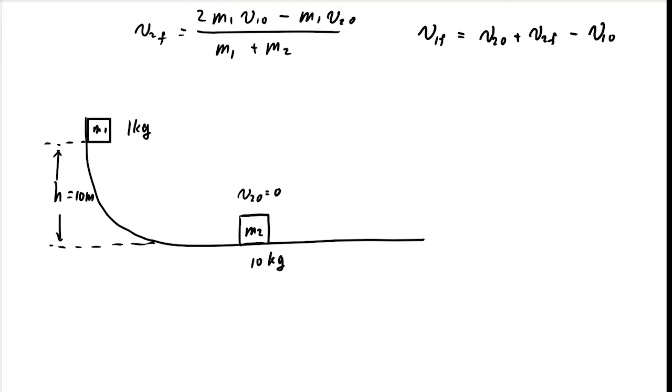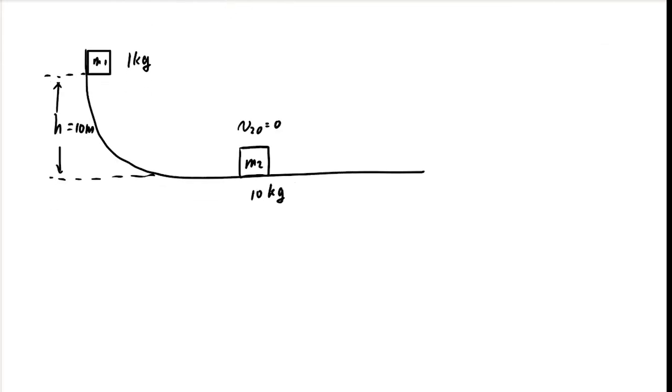Shall we start? Okay, so what we have is M1. First we have to calculate the V right before the collision, right? For that we are going to use conservation of energy. So 1/2 M1 V1 original squared is equal to M1 g h. V1 original is right before the collision because it really starts with 0.